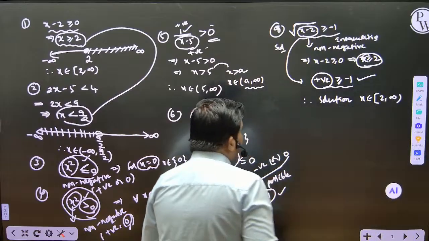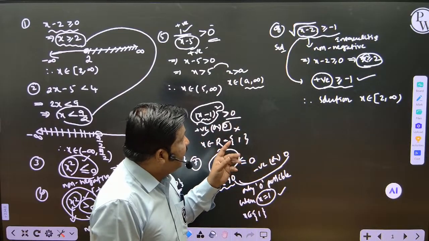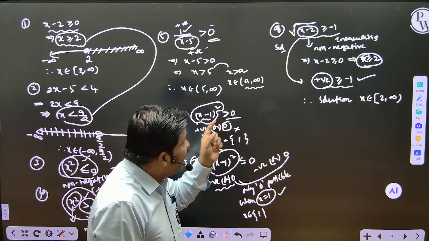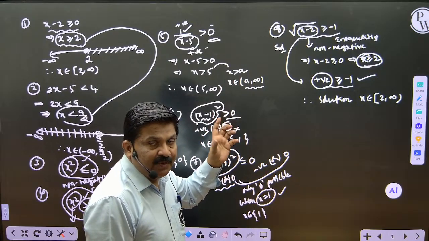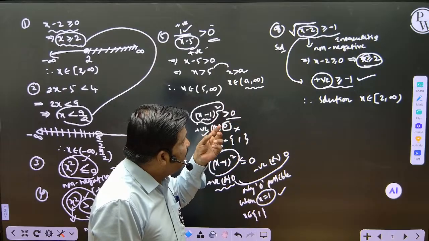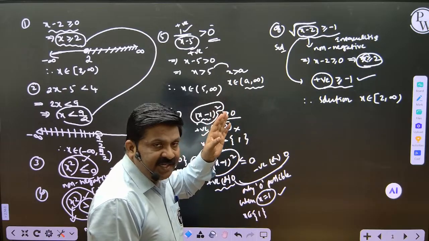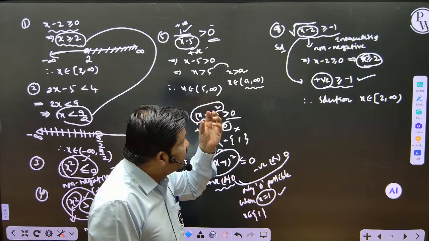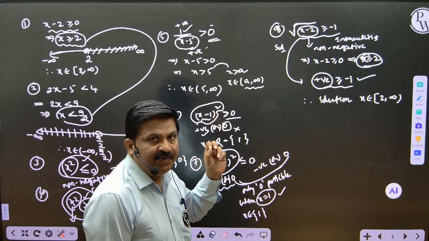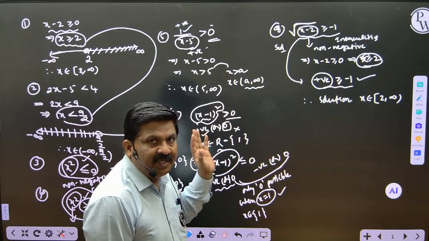First, if you want to solve any inequality in which you have a square root, you check for what values of x that square root is defined. Its inside should be non-negative, meaning either positive or 0.